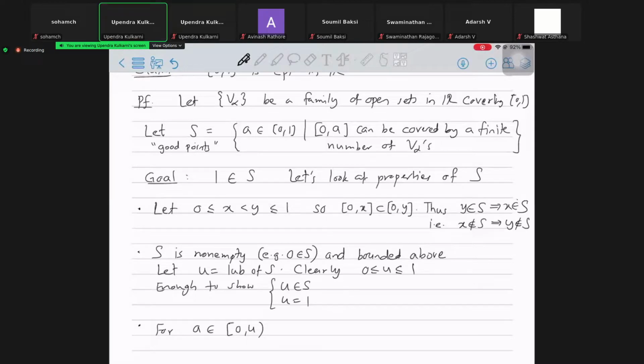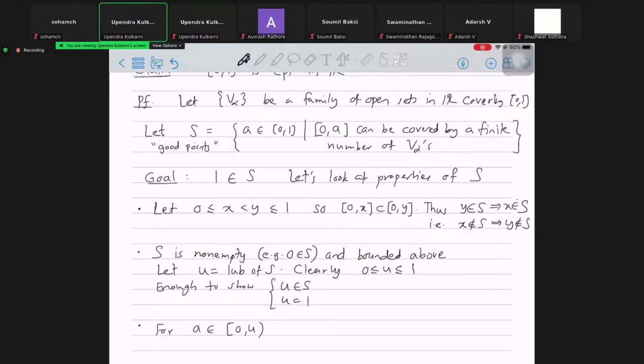Right. So notice what property the family V alpha has. It consists of open sets of the real line, and it covers the interval. That means that there is some V alpha containing 0. And since V alpha is open, every point in it contains a ball around that point.